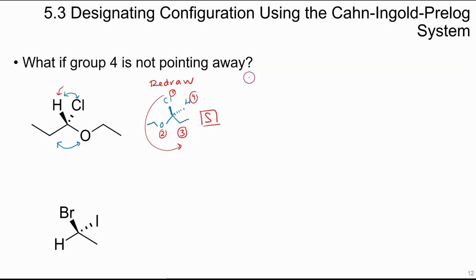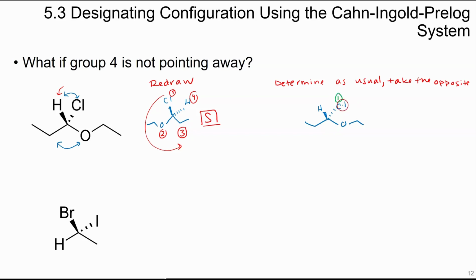All right, the other method is to determine as usual, and then take the opposite. So for this, we would just determine it as you normally would.